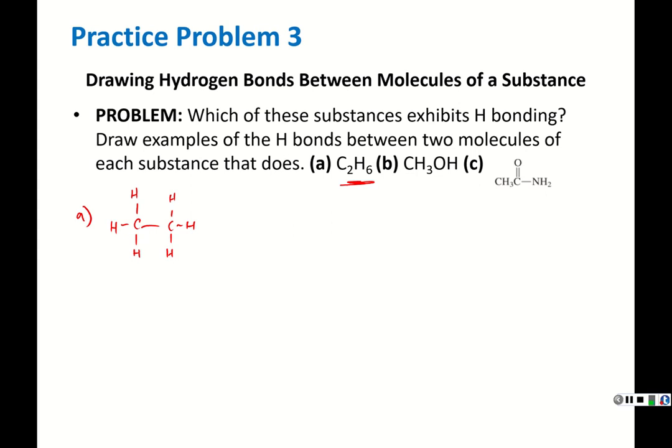So this molecule is nonpolar and will not be able to form hydrogen bonds. It has lots of hydrogens, but those hydrogens aren't attached to things like oxygen, fluorine, or nitrogen, and there are no unpaired electrons either. So, no H bonds.